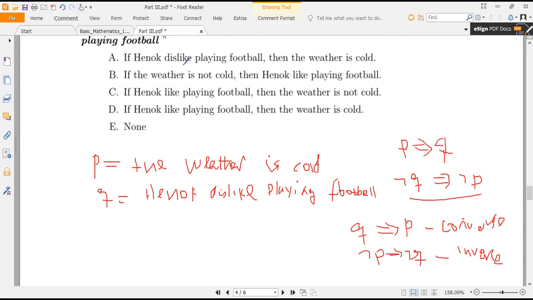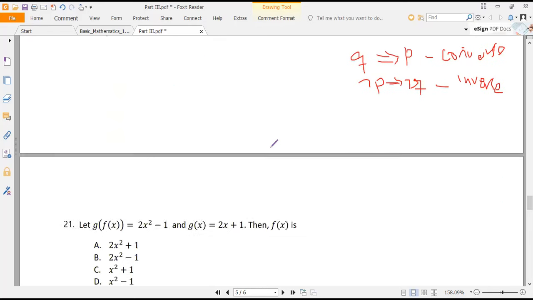So if Enoch likes playing football, then the weather is not cold. So C is the good alternative, the exact solution, which is the contrapositive statement.